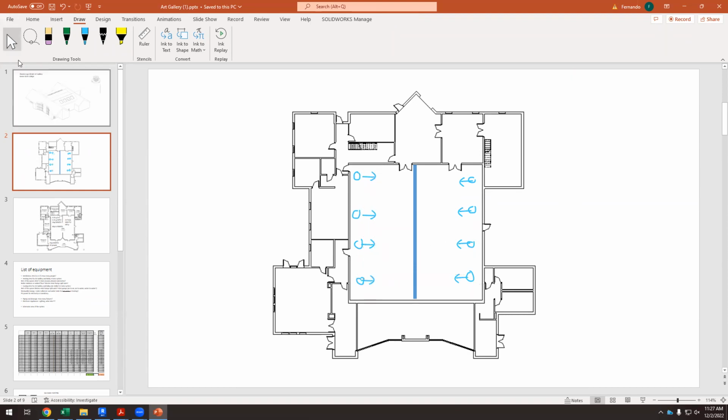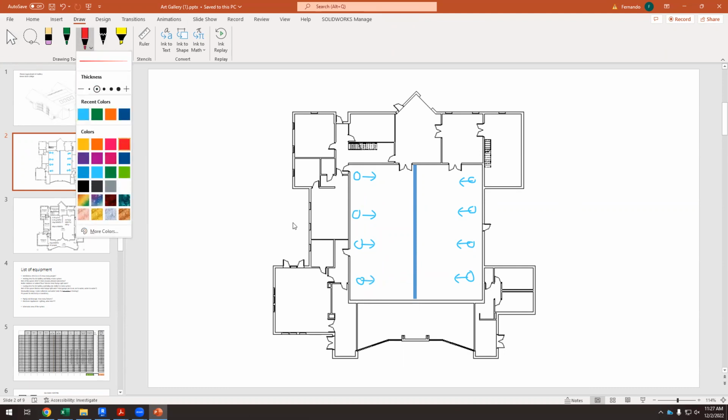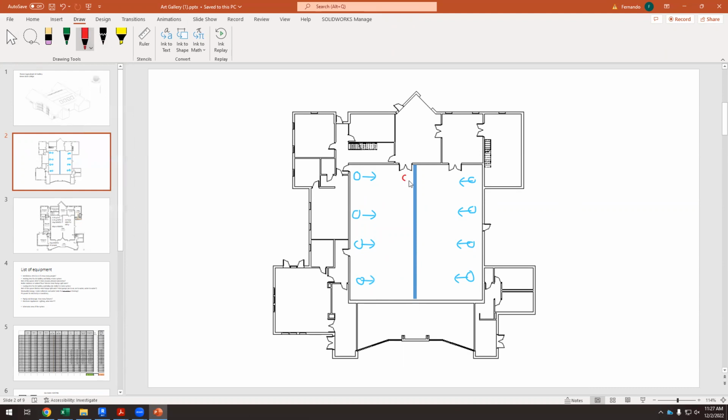Okay, that's supply, and then we need return. Three and 4. And that will be a return diffuser.